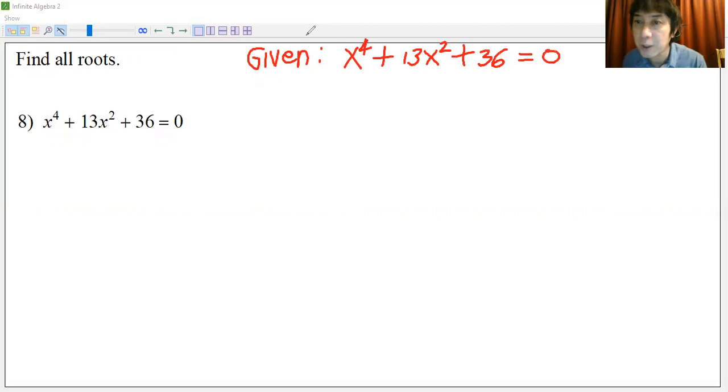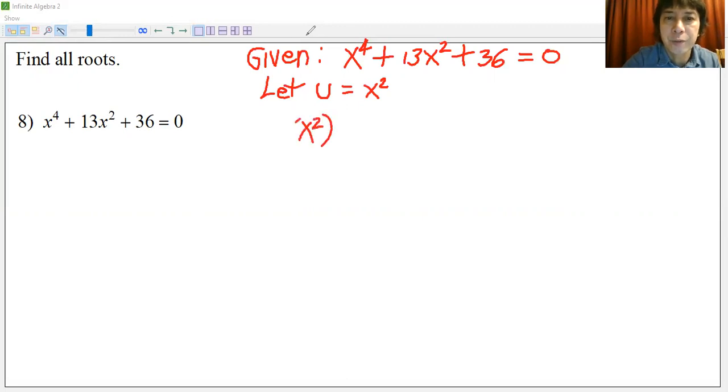So we have x to the fourth again and x squared, and we shall reduce this to squared and first degree. So we shall use a substitution letter. Let u is equal to x squared, and then rewrite our given equation: x squared squared plus 13x squared plus 36 equals 0.